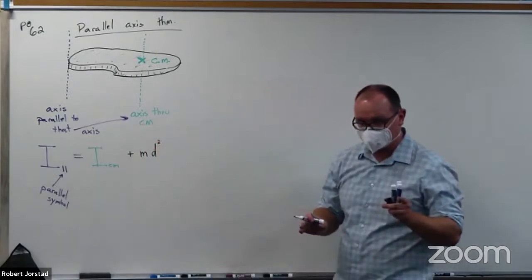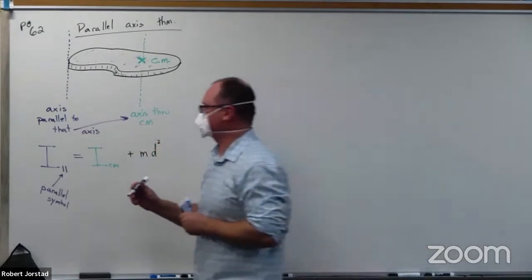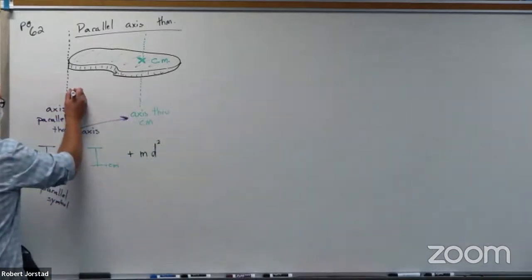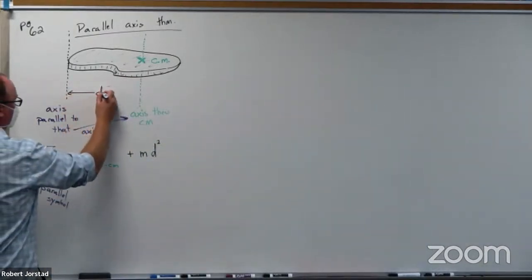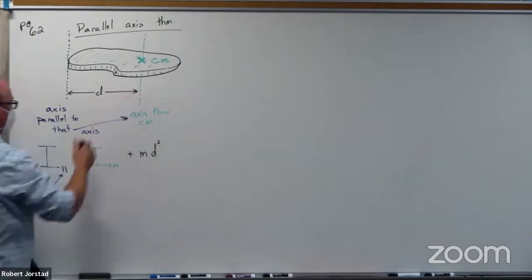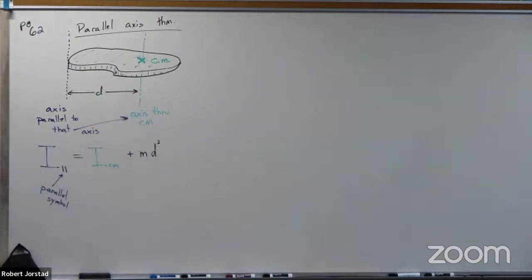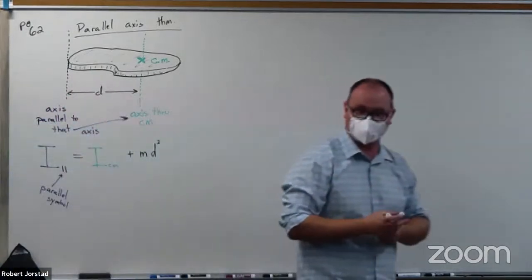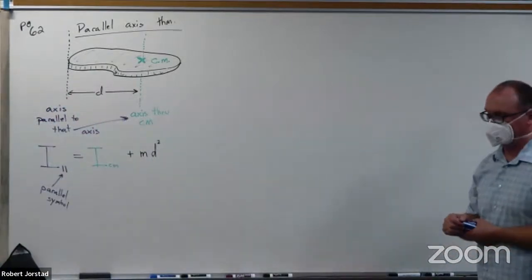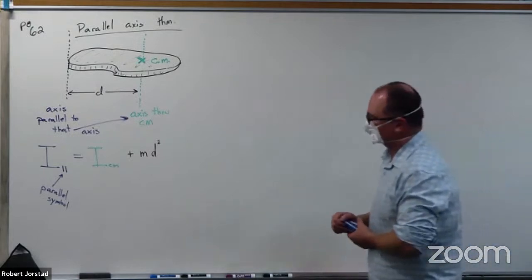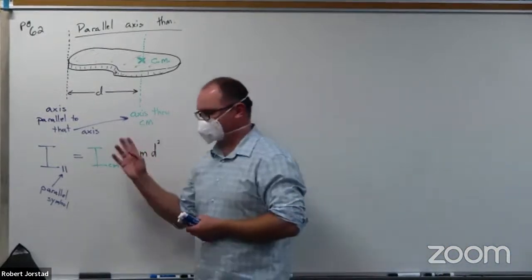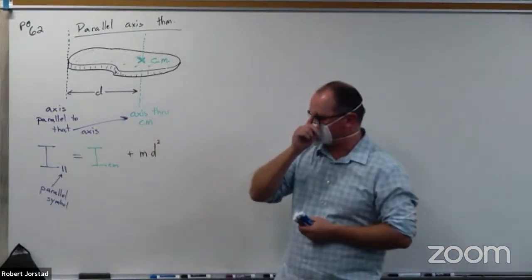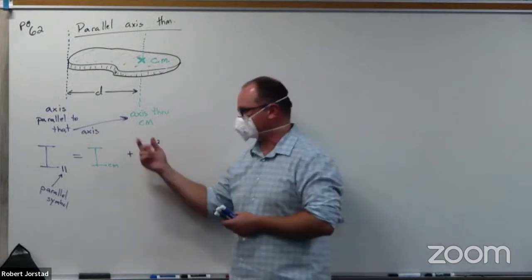The distance is the distance between these axes. By learning this trick, we can avoid having to do calculus for a large number of problems. That is why I'm teaching it to you. We want to use this instead of the calculus, if at all possible, because it's faster. It's just addition and just a quick turn.